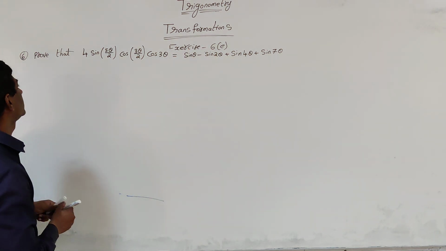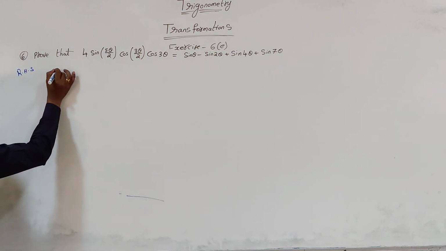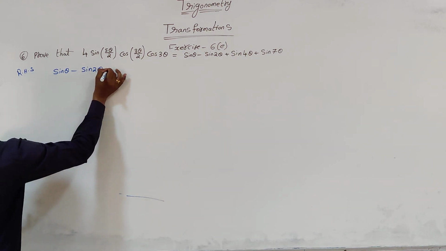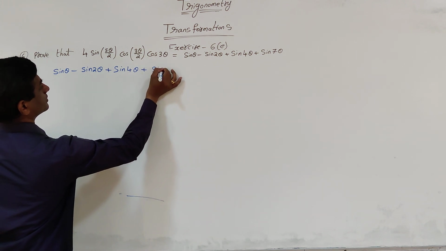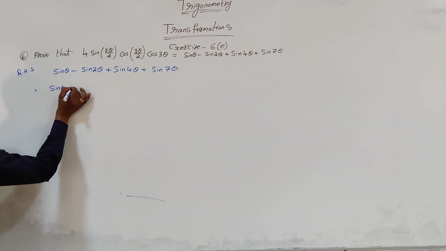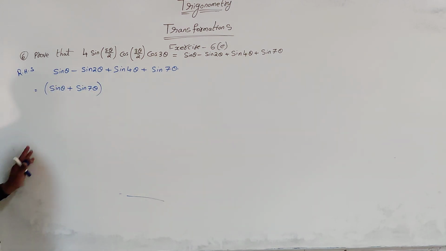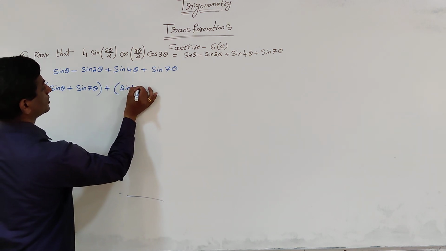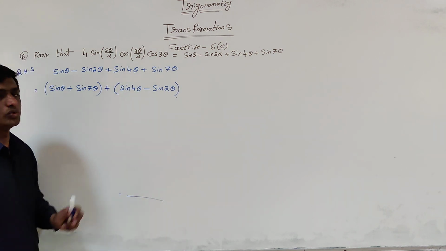So let us take RHS, that is sin theta minus sin 2 theta plus sin 4 theta plus sin 7 theta. Sin theta plus sin 7 theta are two trigonometric ratios, and sin 4 theta minus sin 2 theta is another group.